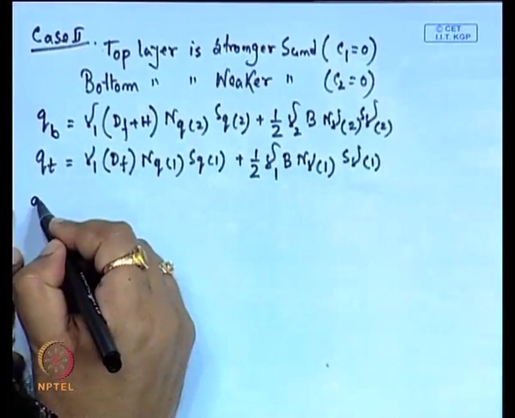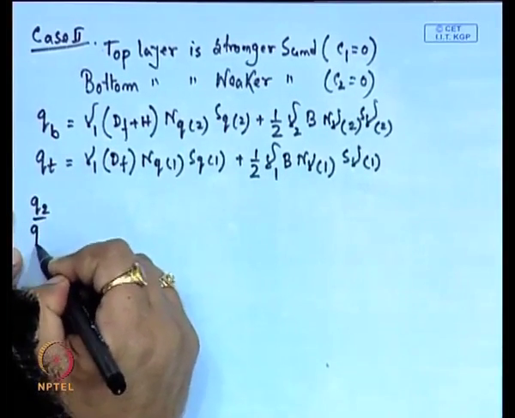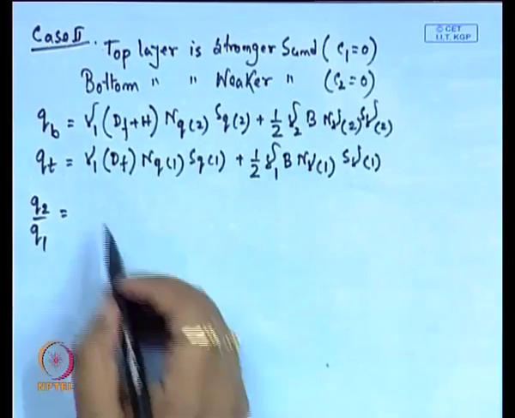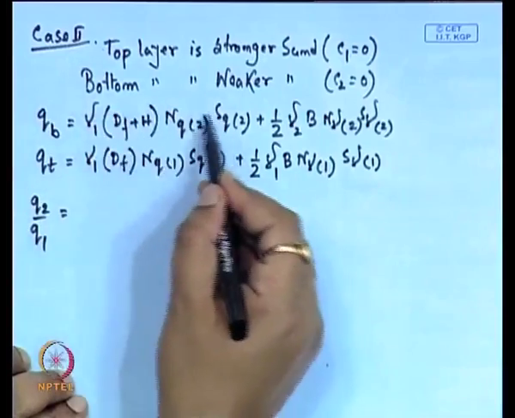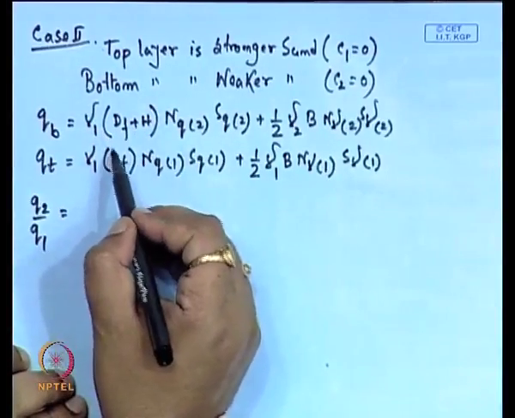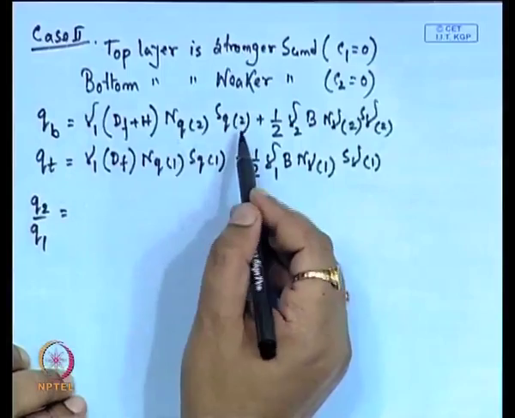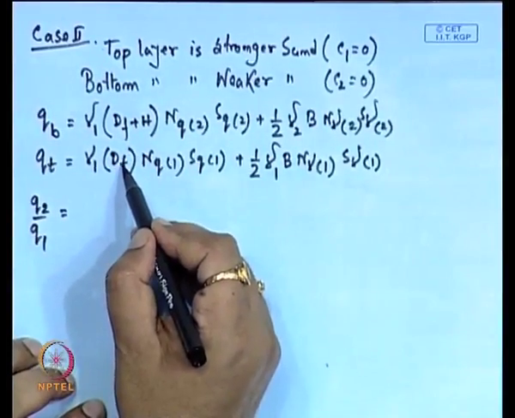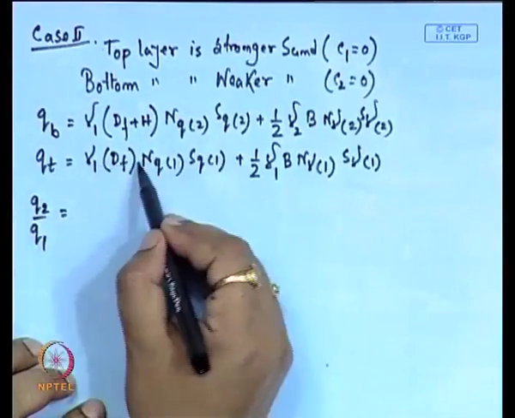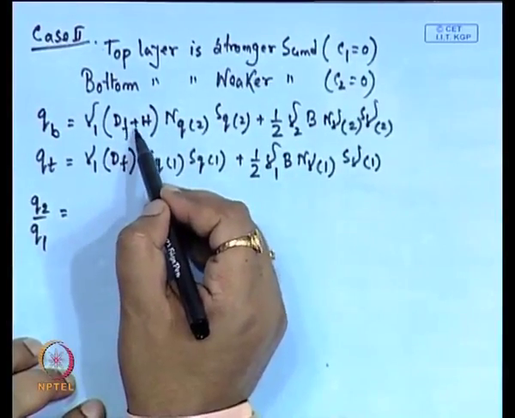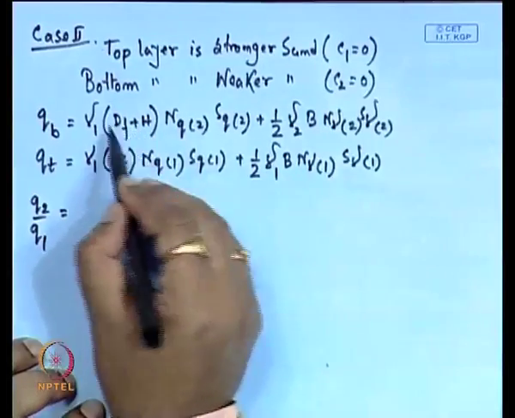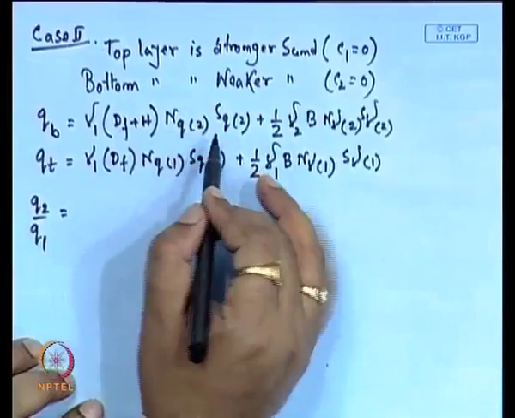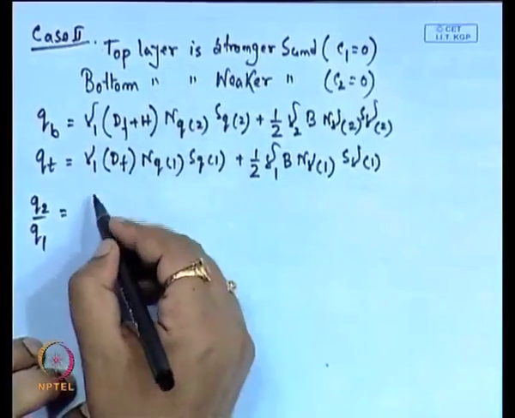Similarly, Q2 by Q1 we can write. Because it is a surface footing, this part is 0, so both cases are surface footings. Here df and H both are 0. That means the bottom layer is also placed at the surface, considering there is no surcharge. So this part is 0.